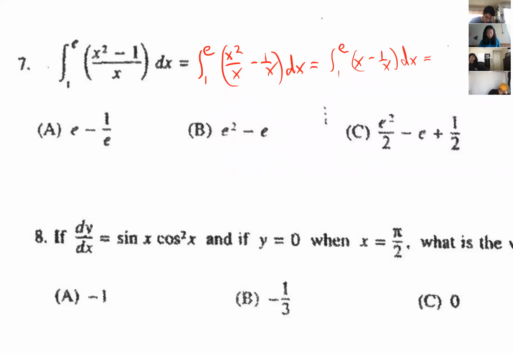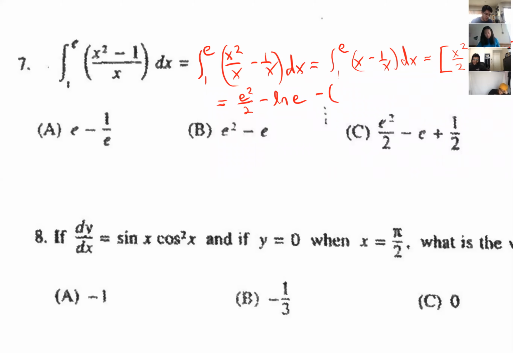Or this is going to turn into x squared over 2 minus ln of x from 1 to e. So this is going to equal, when I plug e in, I get e squared over 2 minus ln of absolute value of e is just e, minus, I'm going to put a parenthesis here.